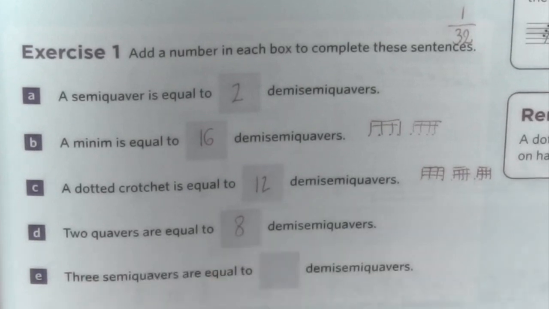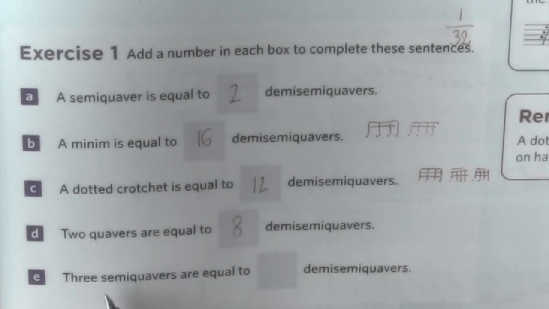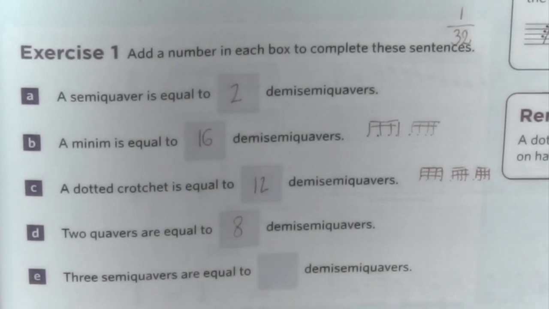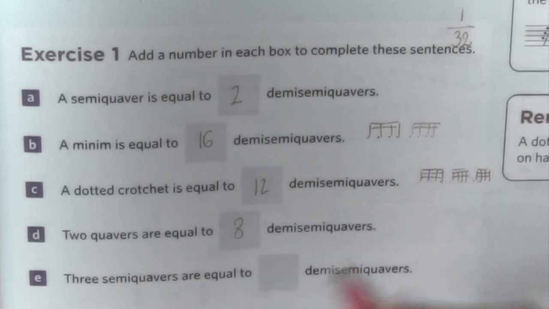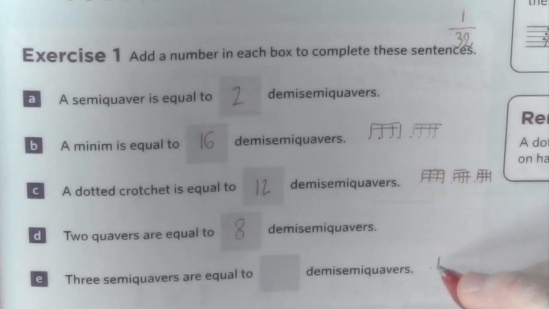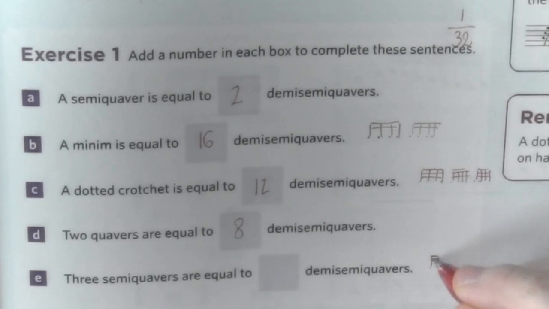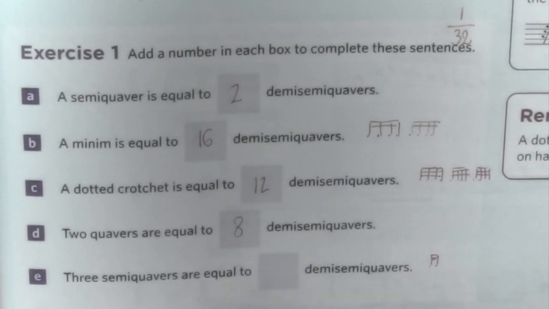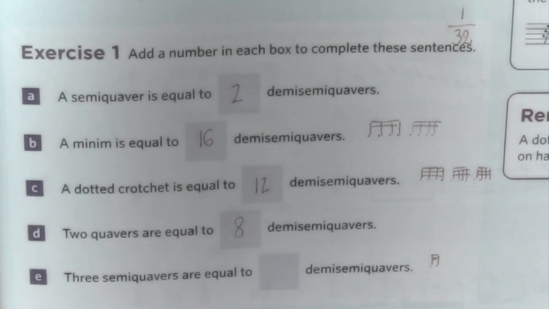So 2 quavers, 8. 3 semiquavers, okay, now each semiquaver is equal to 2 demisemiquavers. So 2 times 3, 6.